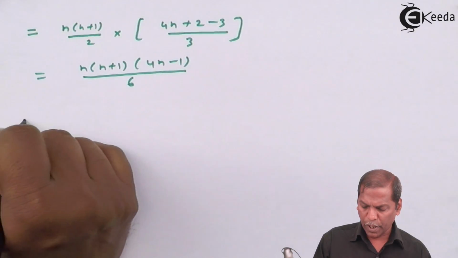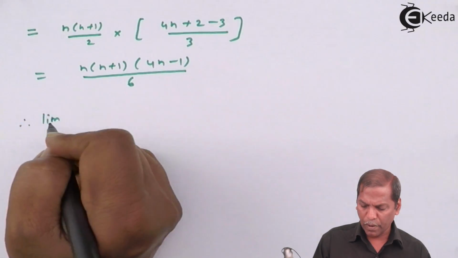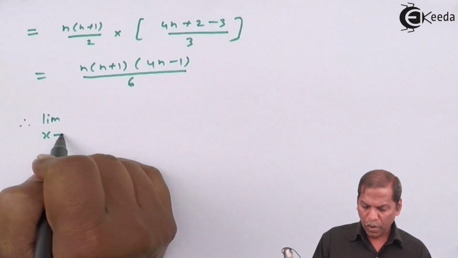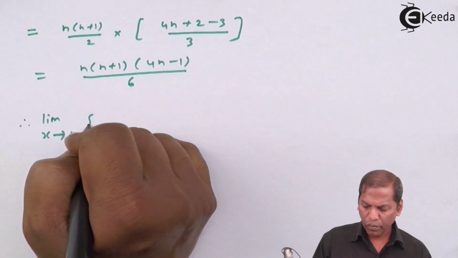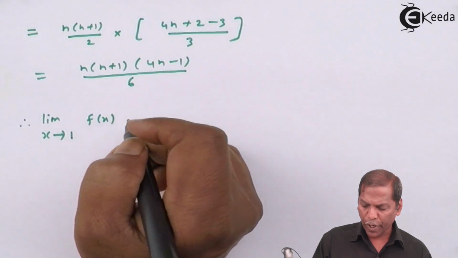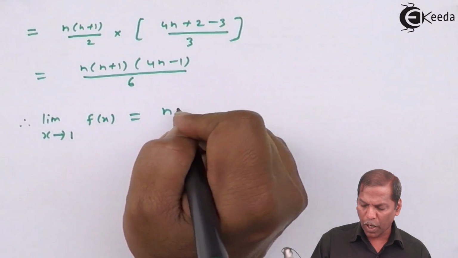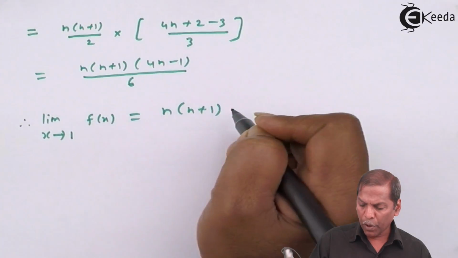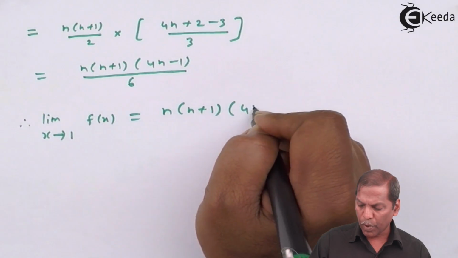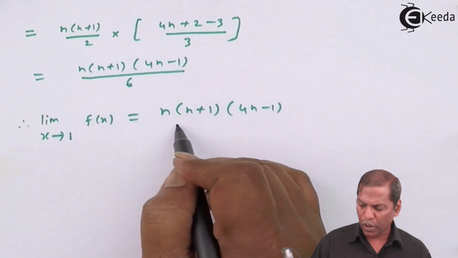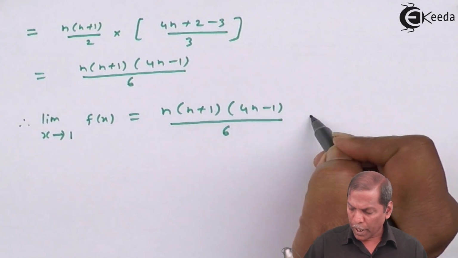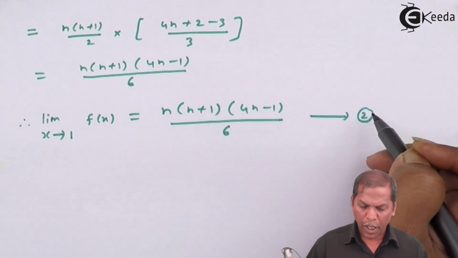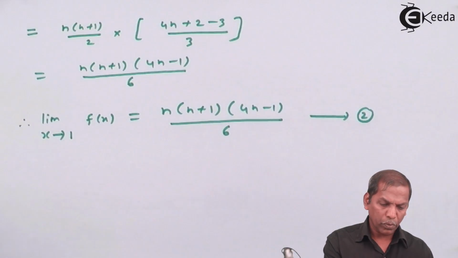So in this way we get limit x tends to 1 of f of x is equal to n into (n plus 1) into (4n minus 1) upon 6. So let us denote this as statement 2.